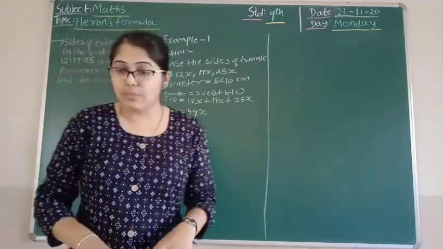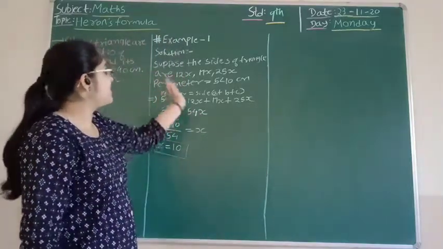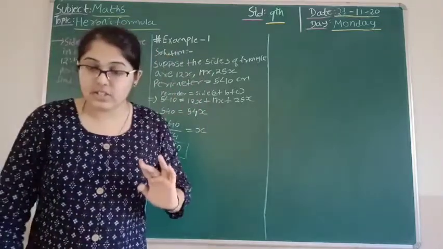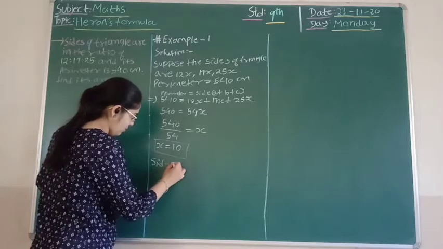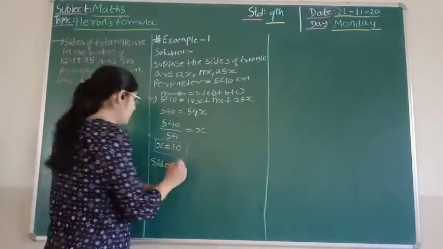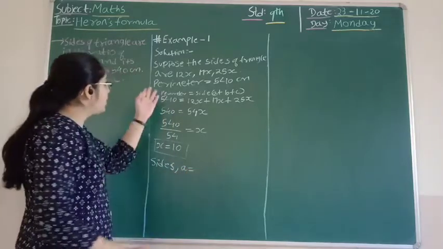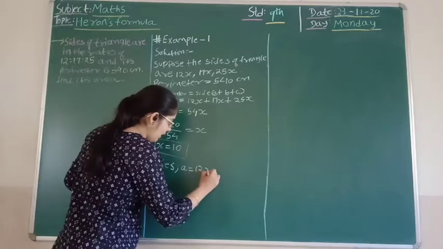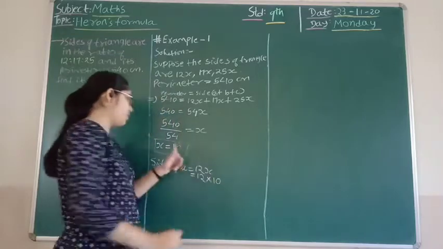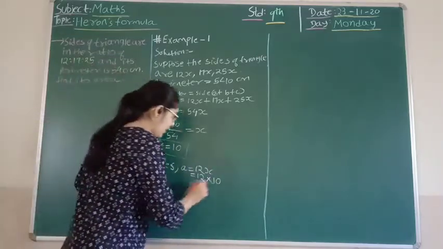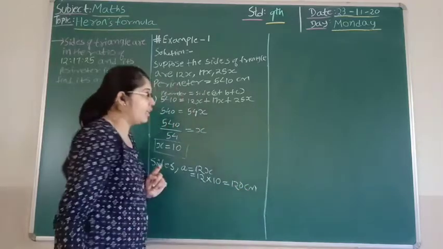Now I am going to put this value of x into the sizes we have been given, respectively 12x, 17x and 25x. Side A is 12x, that is 12 into 10, replacing x with the value we found, which equals 120 centimeter.